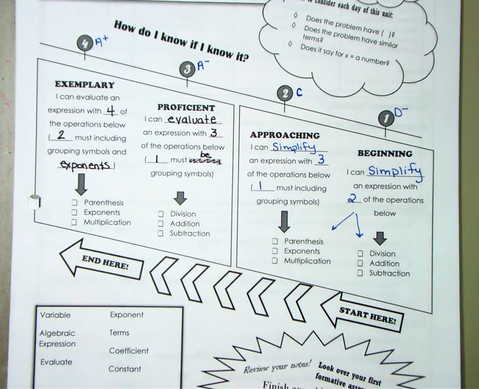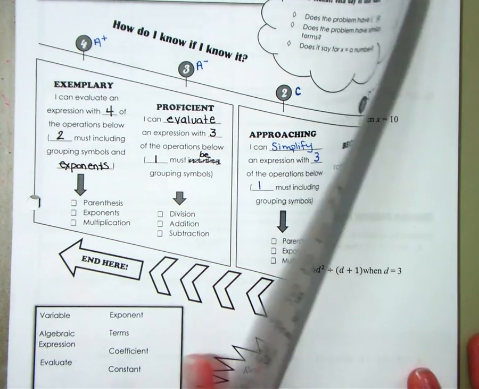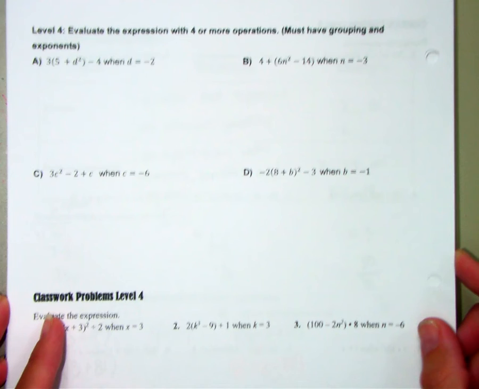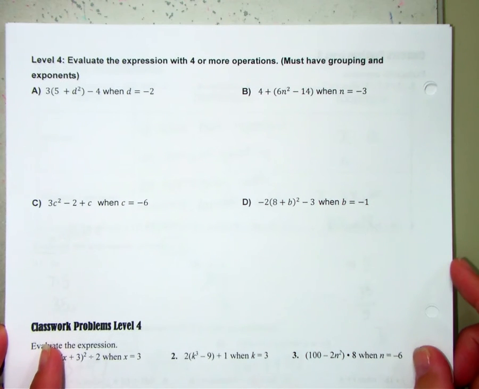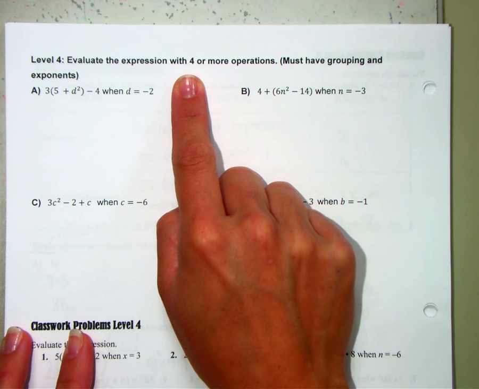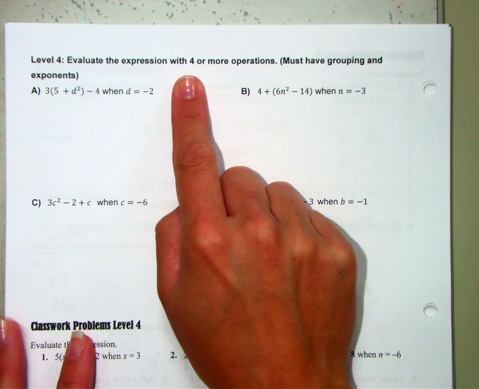So we're going to flip through to page 8. On page 8, you will see our notes problems as well as our classwork problems. Okay, so level 4, I have 4 or more operations, and we have to have grouping symbols and exponents.